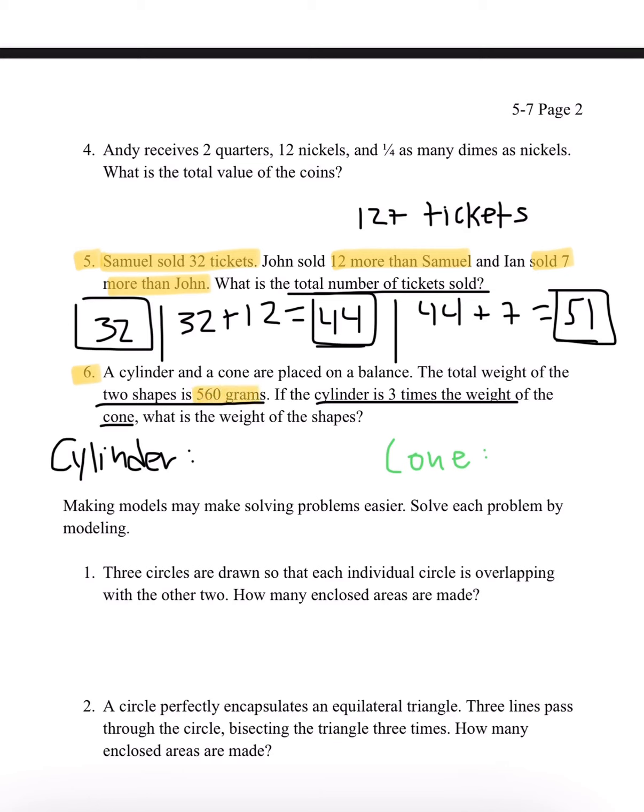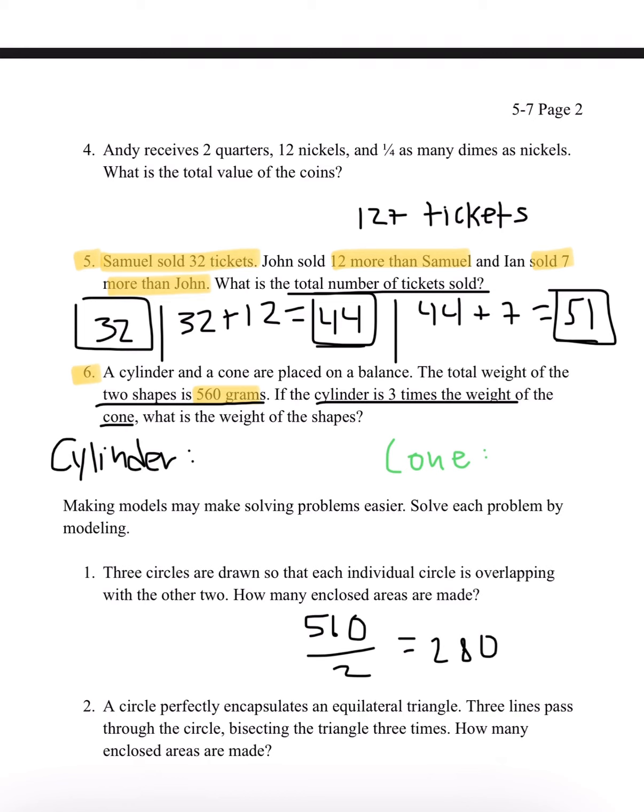So the guess and check strategy, we're just going to guess a number and check it along the way. So let's see. Since we have two shapes, what I'm going to do is 560 divided by 2. If we do 560 divided by 2, we get 280. But it seems like too big of a number still, since 280 times 3 gives us such a big number.